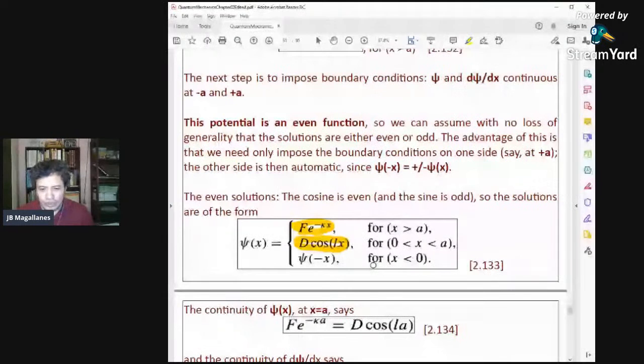So let's do the cosine, so that for x less than 0 we can just write phi of negative x. So for x less than 0, this would just be e to the kappa x, and this would just be cosine of lx, the same, because cosine of theta is equal to cosine of negative theta.